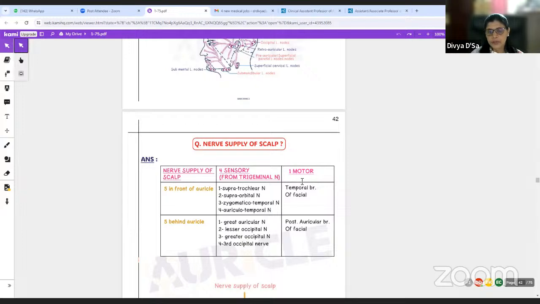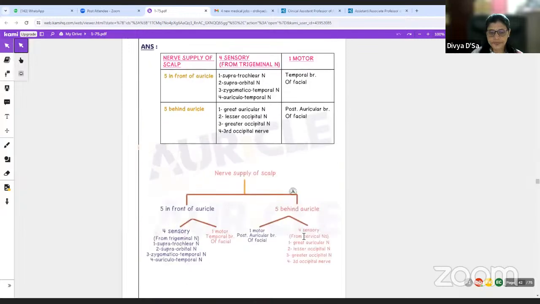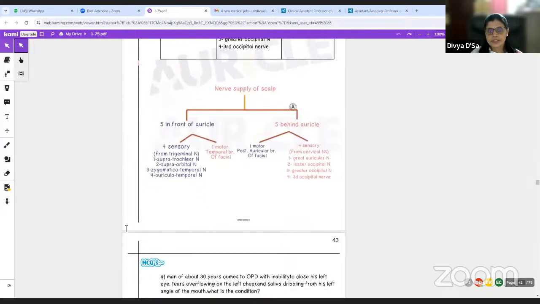The motor is the temporal branch of the facial nerve. Behind the auricle, the sensory are greater auricular, lesser occipital, greater occipital, and third occipital. The motor is the posterior auricular branch of the facial nerve. In front, the sensory nerves come from the trigeminal nerve, whereas behind they come from the cervical nerves.